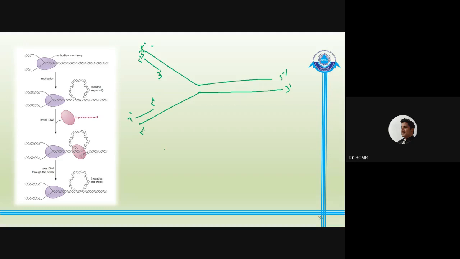So polymerization can only happen here, whereas the movement of the replication fork is in this direction. I am talking only in terms of the lagging strand. The leading strand does not have any issues. It is continuously produced, no problems, because the direction of polymerization and the direction of replication fork going further is in the same direction.